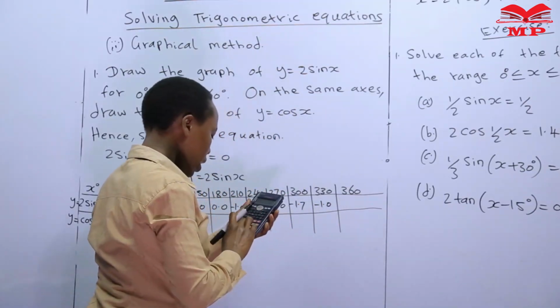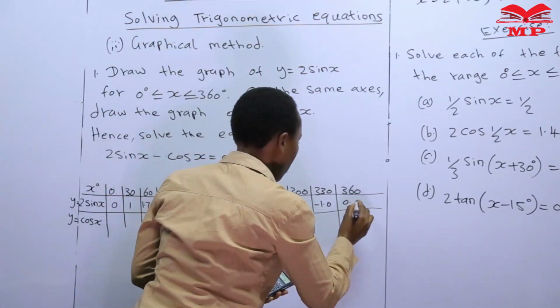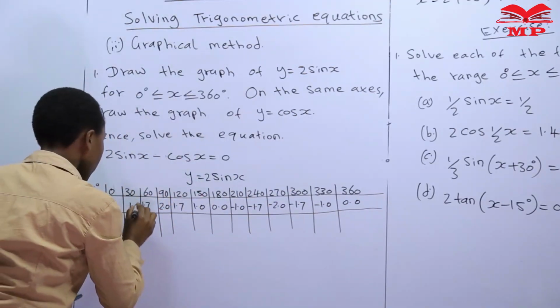And finally 2 sine 360, which is 0. So we put them to one decimal place.